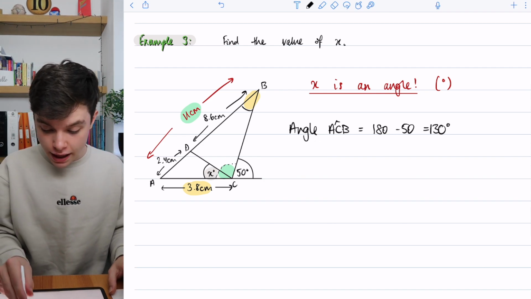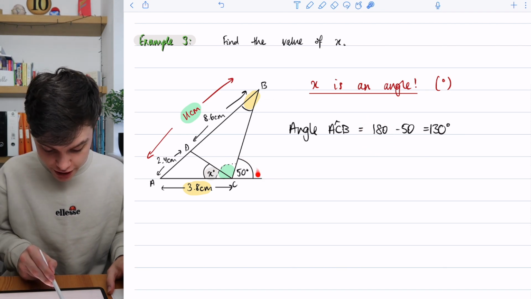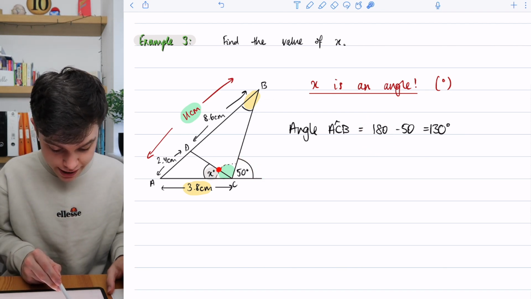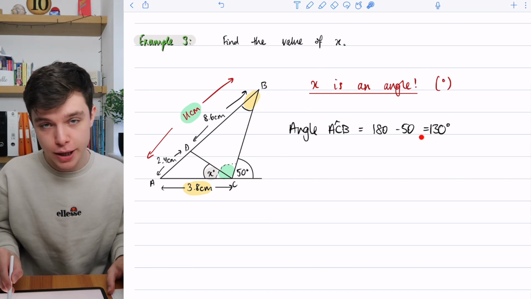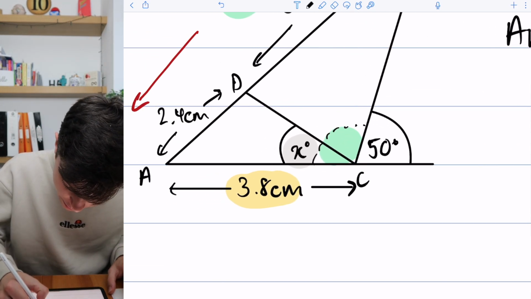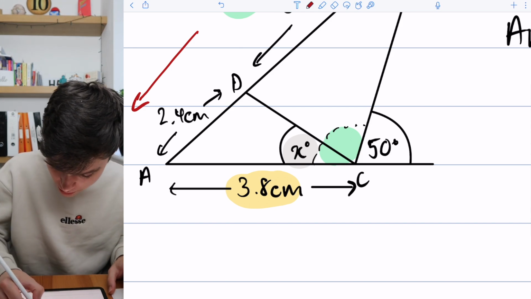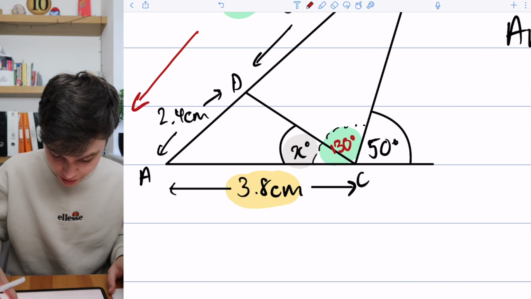Because we've got a straight line, this is what angles on a straight line add up to. We've already got 50 degrees, so the rest of the angle there is going to be 130. So this angle here is 130 degrees.